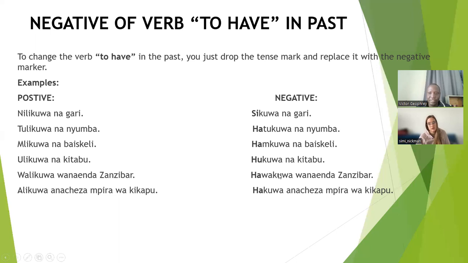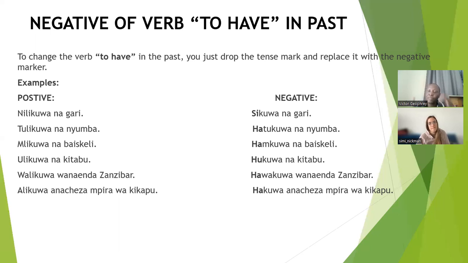If I wanted to say they have gone to Zanzibar, how would that be? Wameenda. So it would be walikuwa wameenda Zanzibar, or just wameenda Zanzibar? Walikuwa wameenda Zanzibar. They have gone to Zanzibar. And then hawakuwa wameenda Zanzibar.